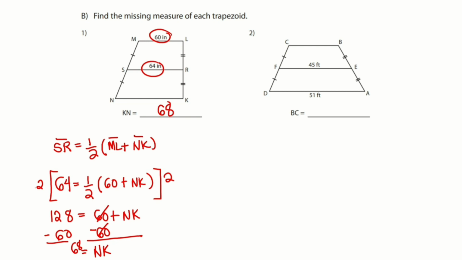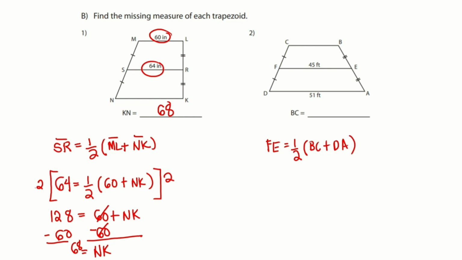Okay, now let's proceed with question number 2. So notice in question number 2, we're looking for the measure of side or segment BC, which is the upper base. So again, first we have to write the mid-segment formula. So here we have FE is equal to 1/2 times the sum of BC plus DA.